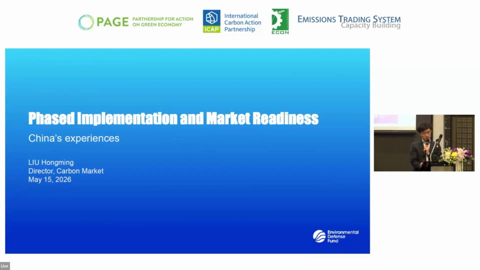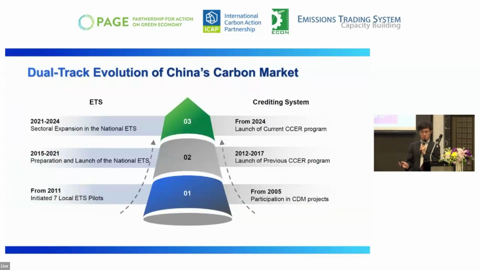The political landscape in China is different from other countries, so I just want to mention this and introduce more details later. And we can see for the China national ETS, actually not only the China national ETS, but also China's carbon market.